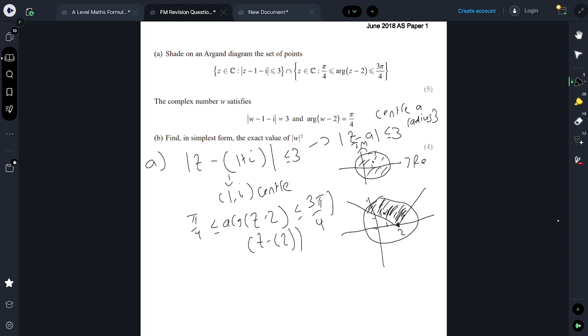So quite a complicated Argand diagram question, but I picked it to illustrate that type of thing. They might ask you to do that. Don't be put off by the set notation. All this is saying is the possible values for z, which are complex. So obviously we're in the complex domain. Such that, that's what the colon means. This locus here, which you should be familiar with, is a circle.